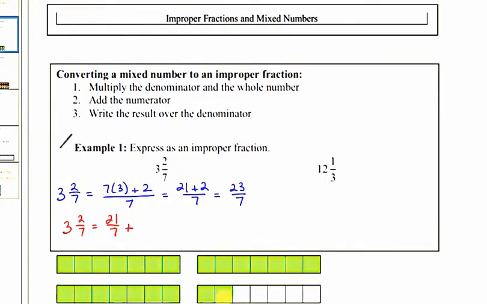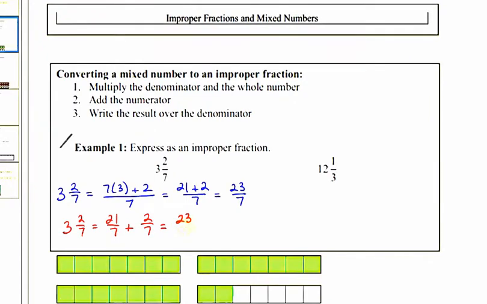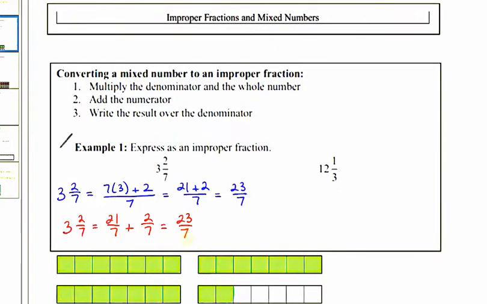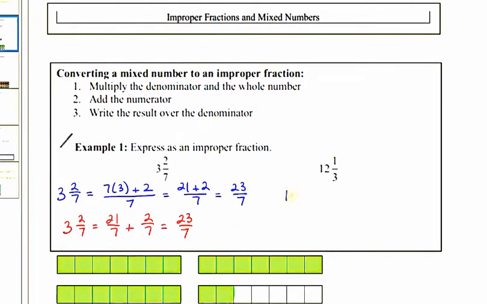And then we have plus these 2/7, which gives us 23/7. Notice how the 7 times 3 gives us the number of 7ths in 3, and the plus 2 here gives us the remaining 2/7, giving us a total of 23/7 for the improper fraction for 3 2/7.